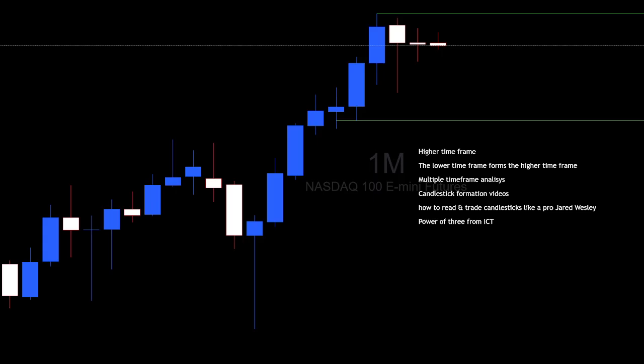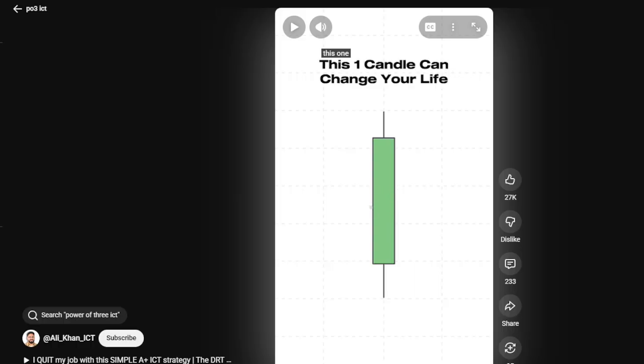So I want to show you another ideology, just call it that way, another way of thinking. This is under the concept of ICT.